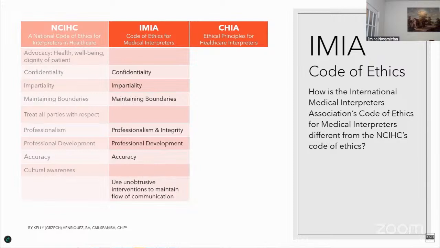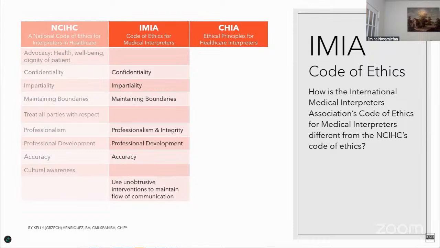So I just like to draw attention to this, maybe not necessarily as an additional ethical principle, but something that IMIA really puts front and center that I find very valuable, because I often see interpreters using interventions that aren't as unobtrusive as they could be, not really fading into the background as much as I feel like they should be as an interpreter.